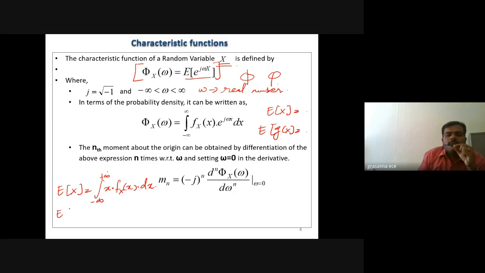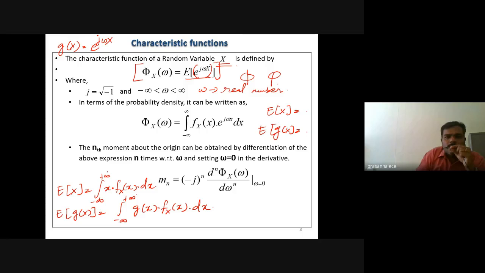What is E of g of x? It is integral -infinity to +infinity g of x into fx of x dx. Now instead of g of x, we have e power j omega x here, so our g of x in this case is e power j omega x.